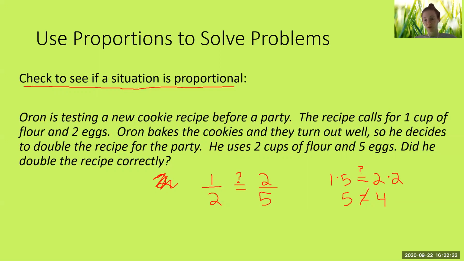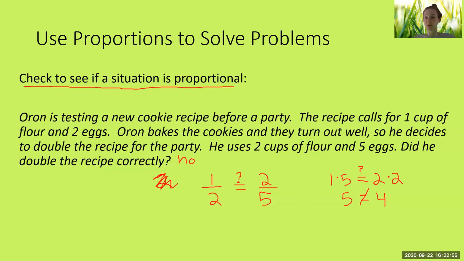Put a little slash mark through that equal sign. That means not equal to. 5 is not equal to 4. So these two ratios do not form a proportion. 1 to 2 is not equal to 2 to 5. So did he double the recipe correctly? We would say no, he did not.